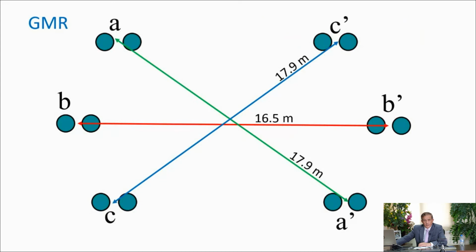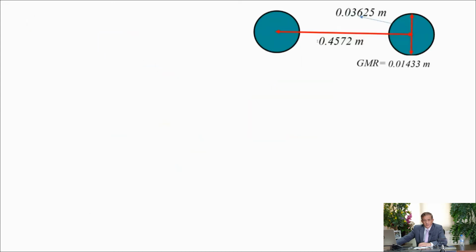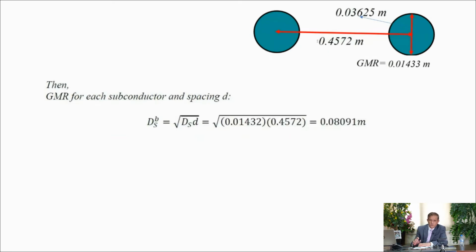Now, geometrical mean radius for each subconductor and the spacing D will be like this. This is for the bundle only. I left the GMR and GMD to the end because there are procedures to get that. You can use GMR1, GMR2 to get the end, but here, because we also have capacitance, I'm using D here for the inductance.